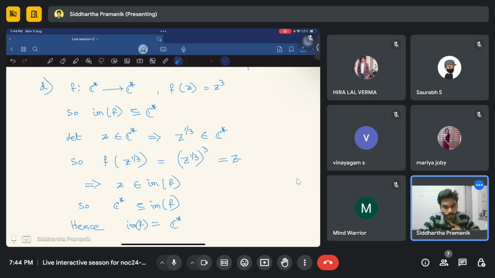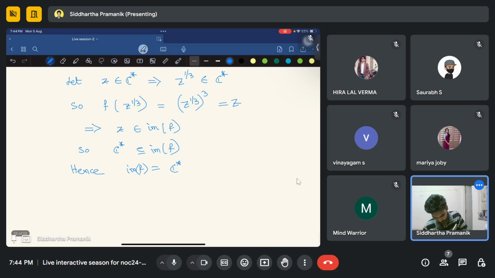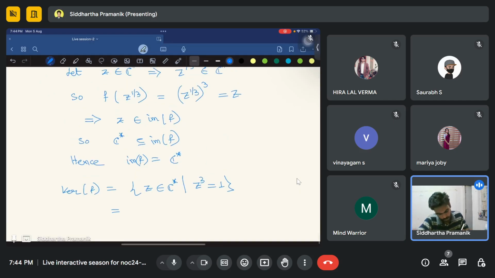Okay, so now what about the kernel of this map? Yeah, you are correct. So the kernel is Z belongs to C star such that F of Z, which is Z cubed, equals 1. So these are the 3 roots of unity, right?